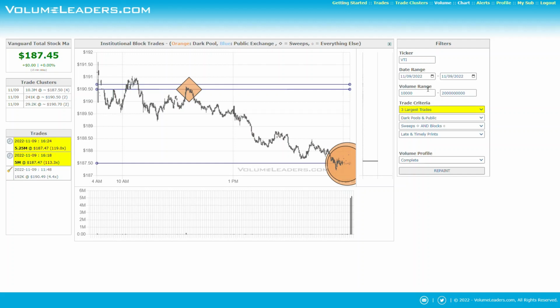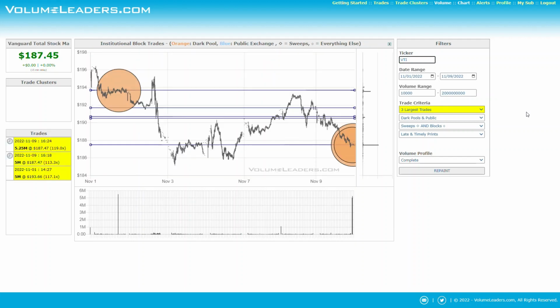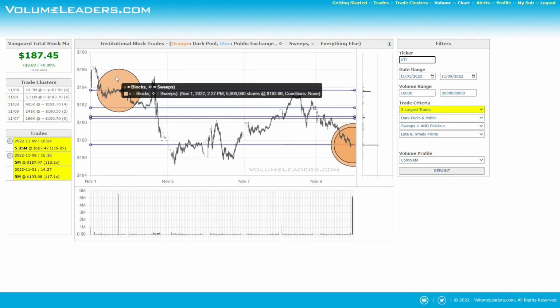But I start thinking about, let's see how prices behaved prior to today. Let's zoom out a little bit. We can change the date range on this chart and rebuild it and see where price was before. And we see there was a very large trade here, a 5 million share trade, just a few days ago, 8 days prior, at a much higher price.